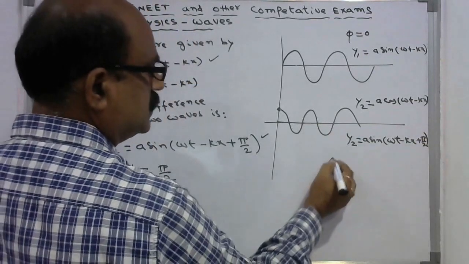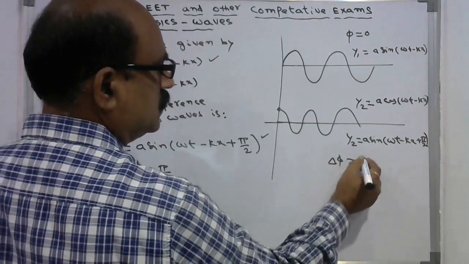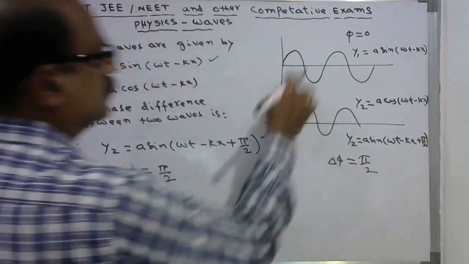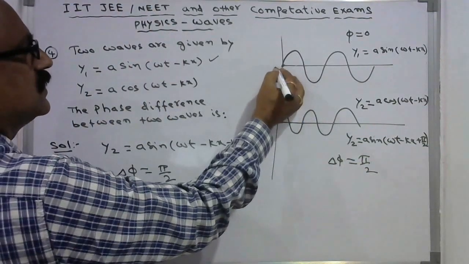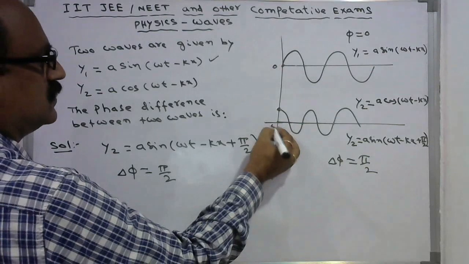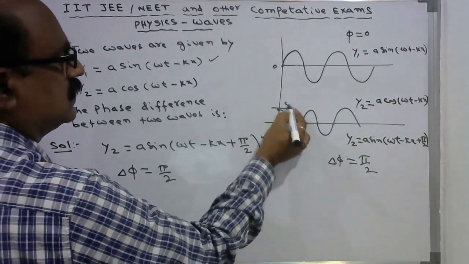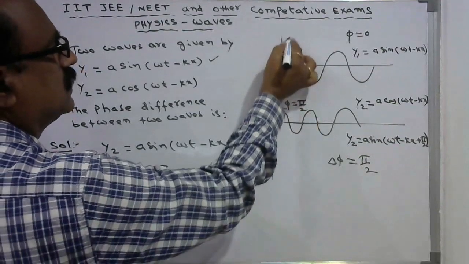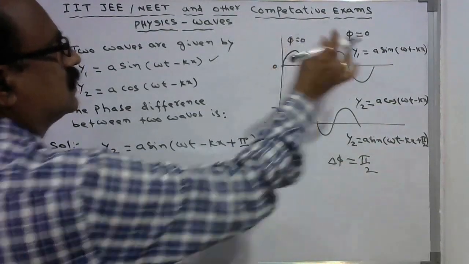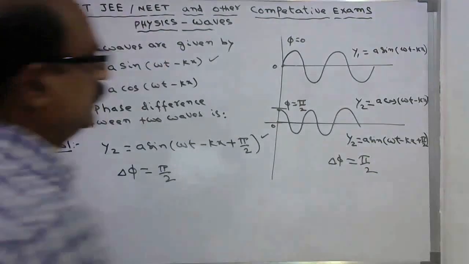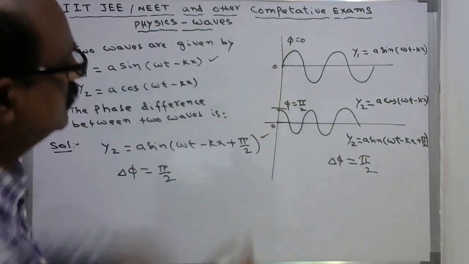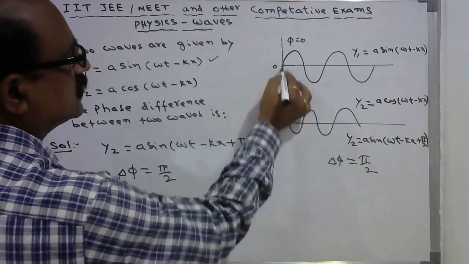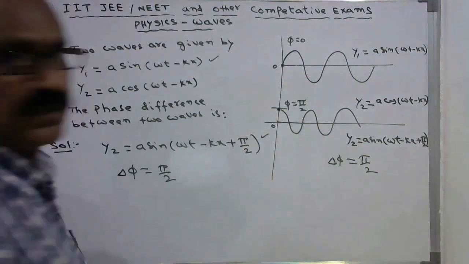So what is the phase difference between these two? It is pi by 2. So it starts initially at the mean position, but its mean position is only here, it starts with pi by 2, and here it is 0. So the difference of phase between these two particles is pi by 2.